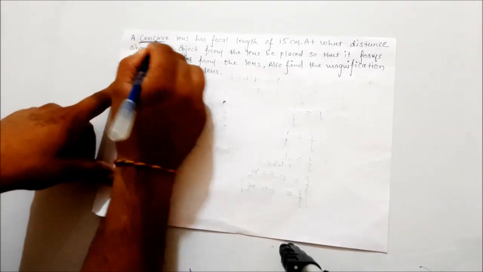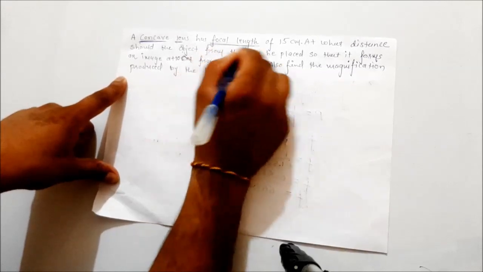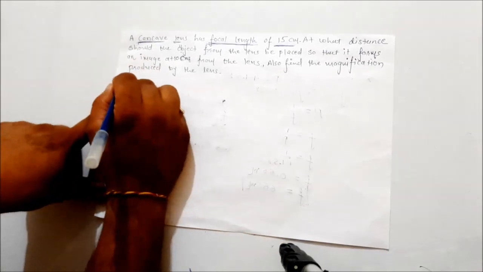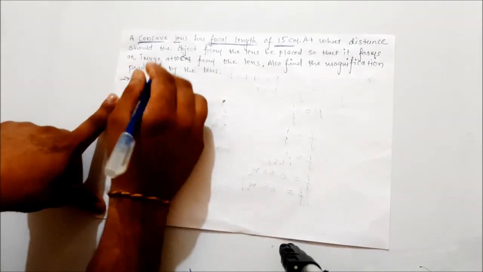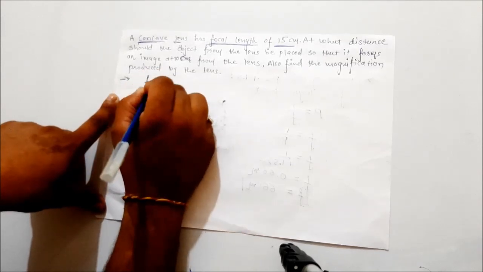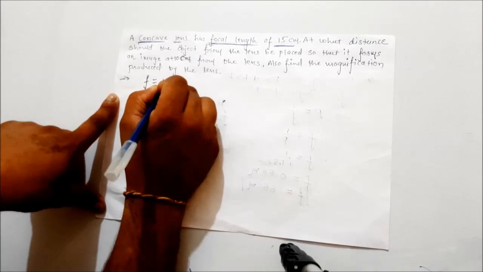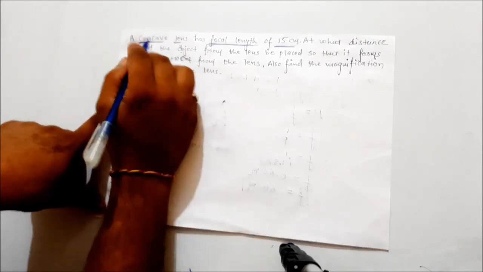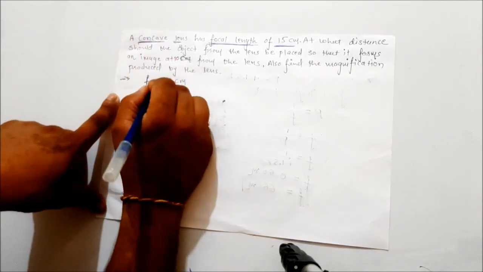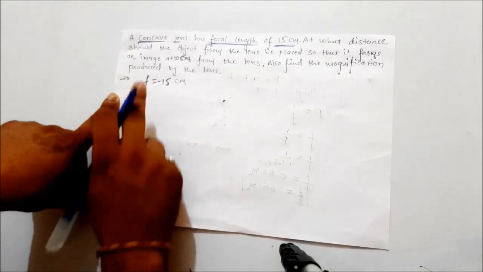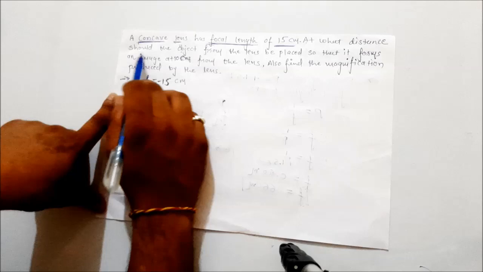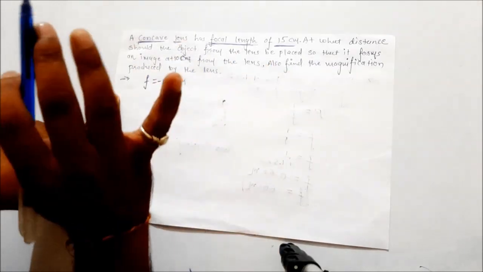So keep this in mind. The focal length is given to us, f is equal to 15 centimeter. As we have a concave lens, its focal length will be negative according to sign convention.